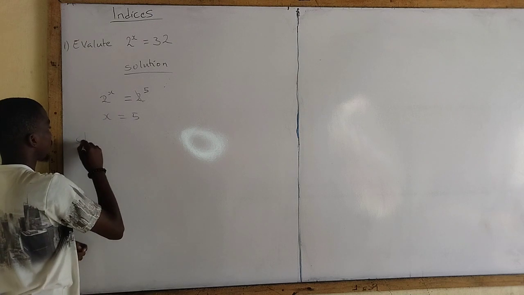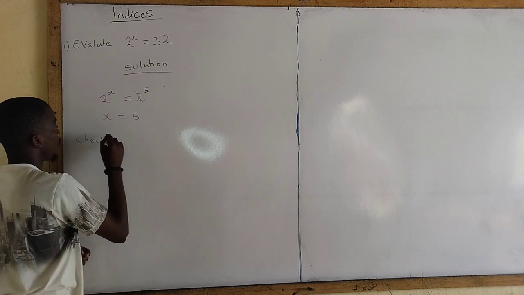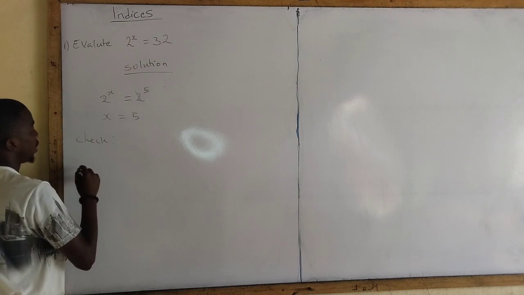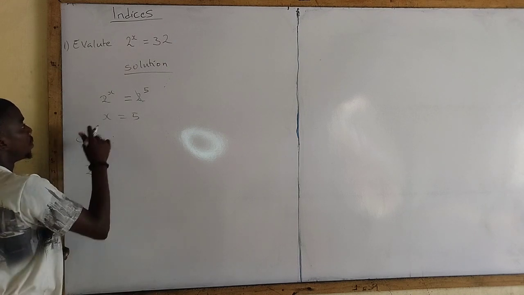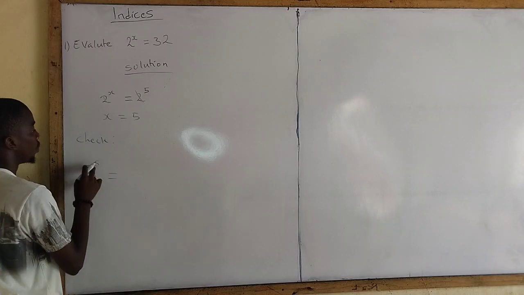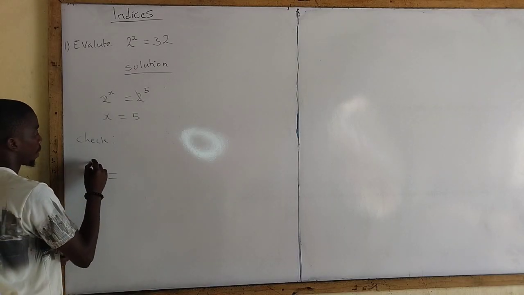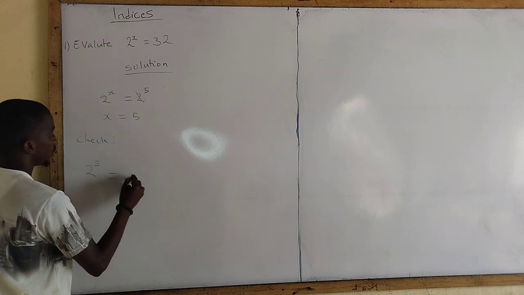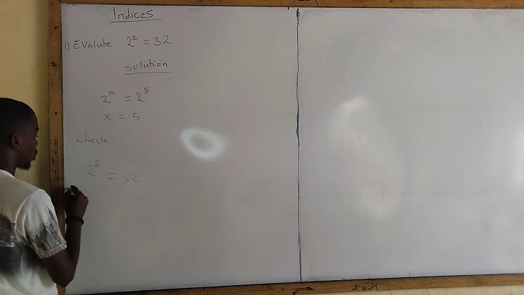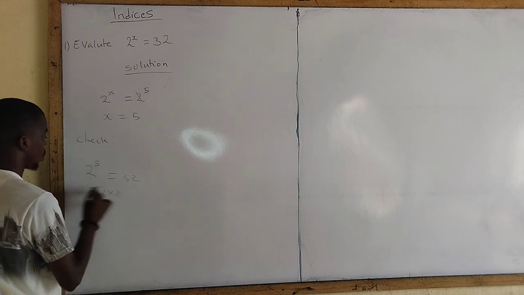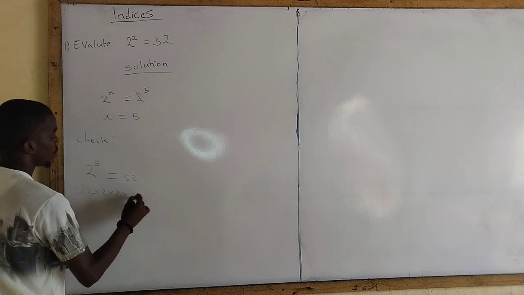So we can check that. Remember, our x is equal to 5, so we put 5 there, so that this is 32. And remember that this is 2 times 2 times 2 times 2 times 2.